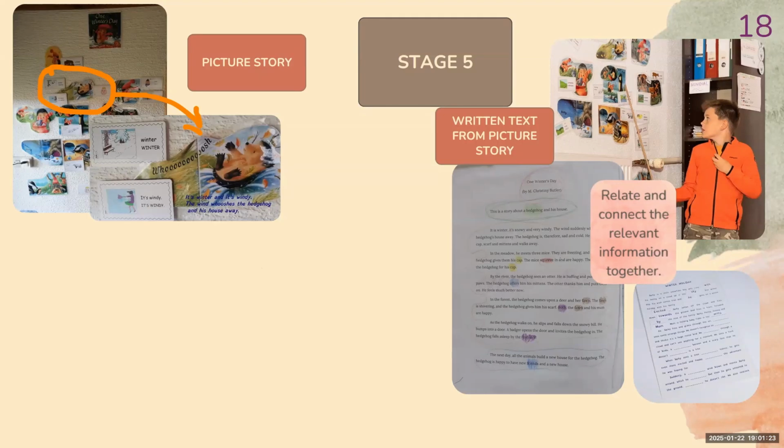When writing this text from the picture story, the educator needs to slip in the unknown words, the synonyms, which we didn't use in the picture story narration, so that you then ask a child what does it mean? For instance, I did here squeeze. What does it mean, squeeze?